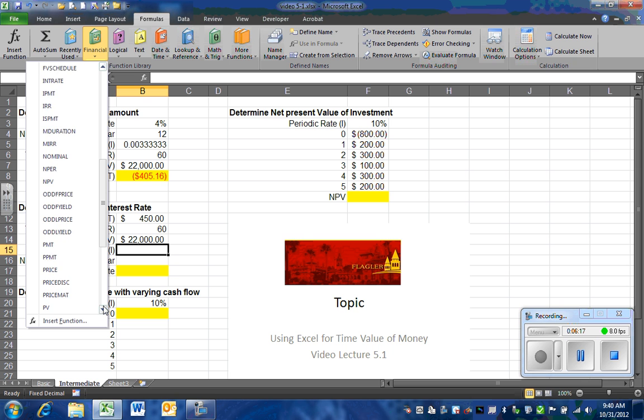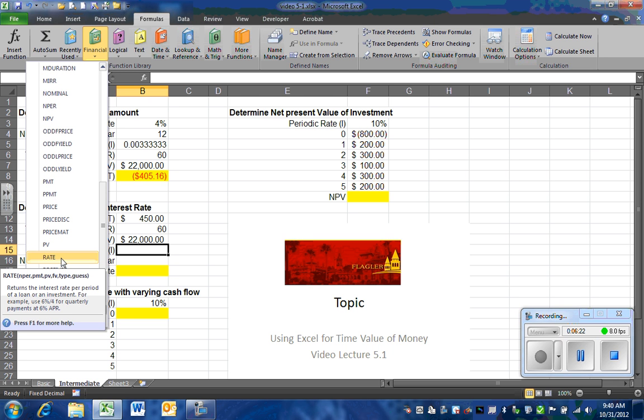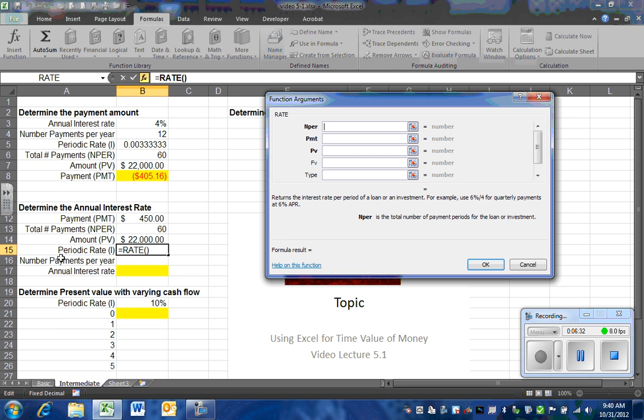We could use it, but it is not as clear as using rate. And this returns the interest rate for a period for a loan or investment such as this lease. All right, so we're going to put in our data. We have 60 payments. The payment amount is $450. Oops.